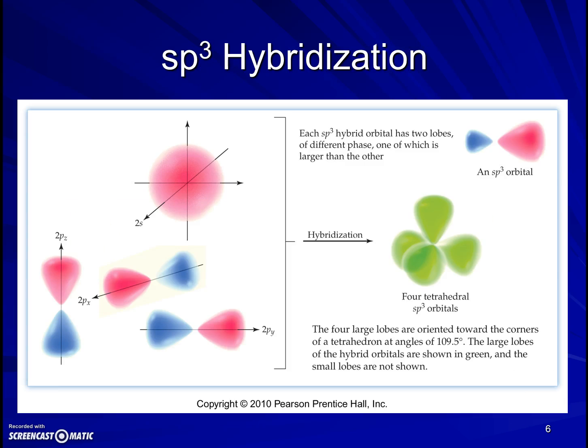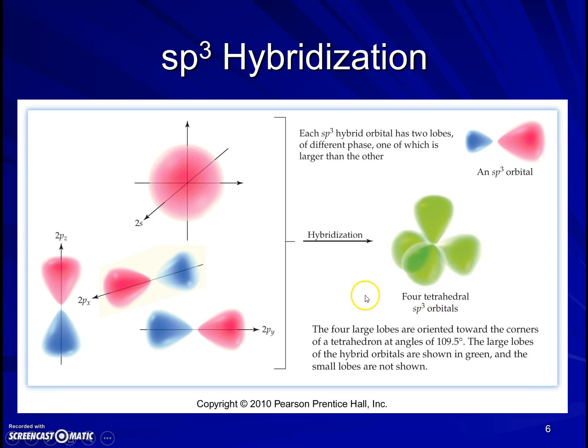And so what we have to consider is the idea that perhaps each p orbital is no longer a p orbital and the s orbital is no longer an s orbital, but that the 2s and the three orbitals that we call 2p, the one on the z-axis, the one on the x-axis, and the one on the y-axis, mix together mathematically to form four new equal and opposite orbitals.